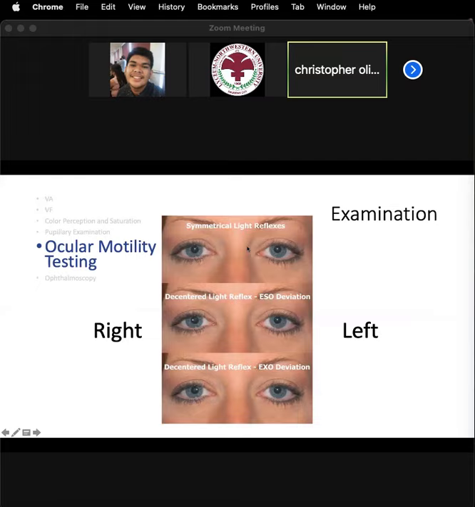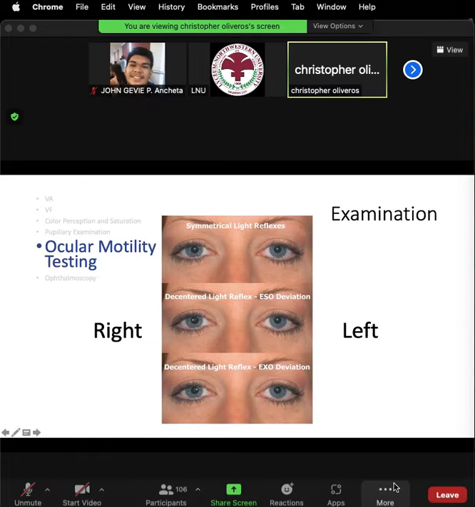So in the first, or the uppermost picture, we have symmetrical light reflexes. For the second row picture, there is a mention of isodeviation. Can you tell me which eye is deviated?